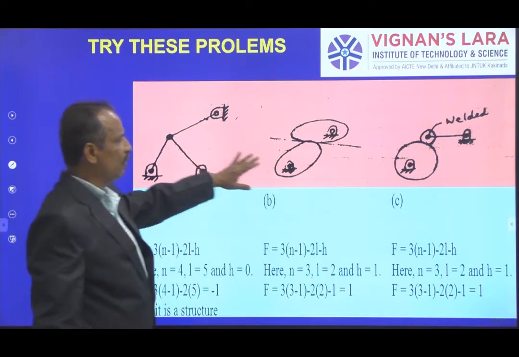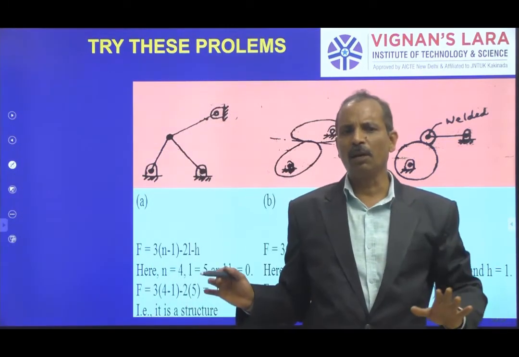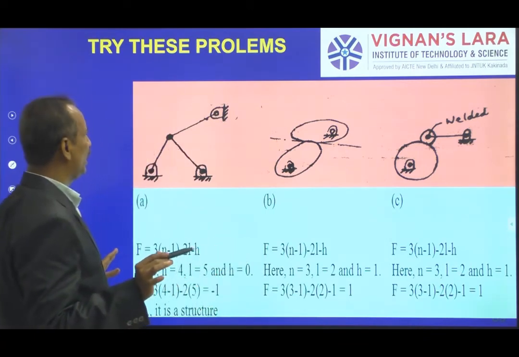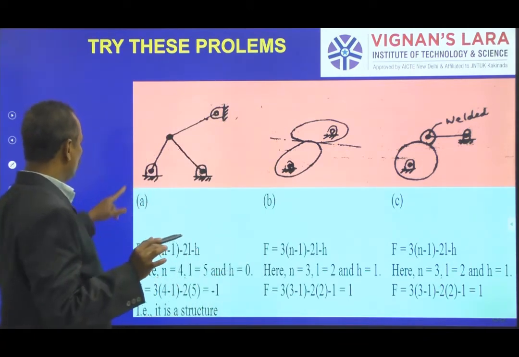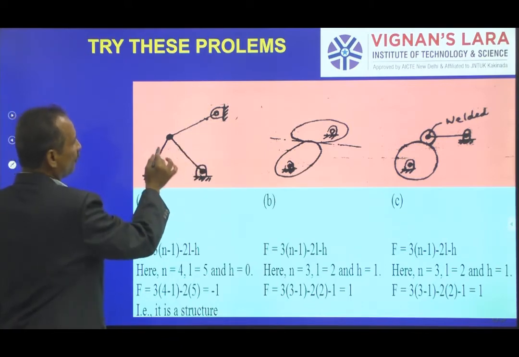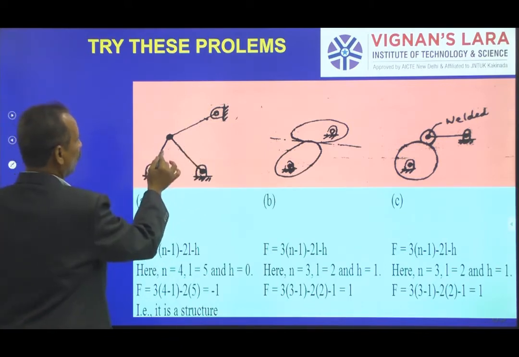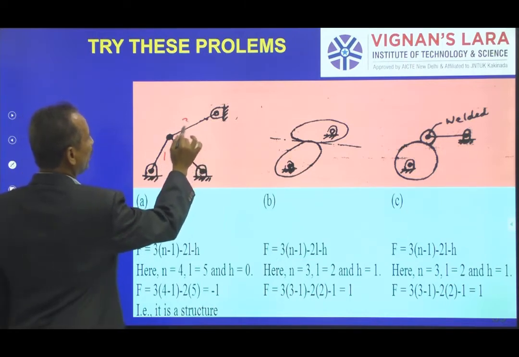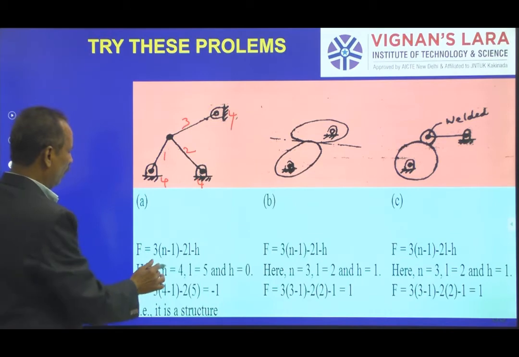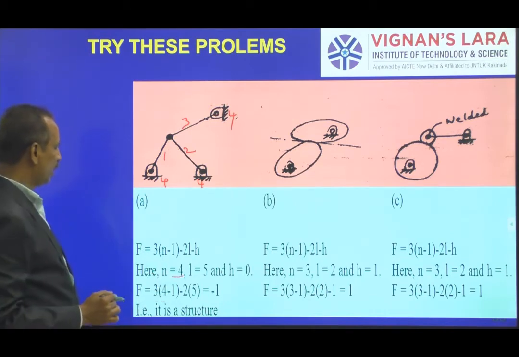Then here I have given typical problems with real life examples. You can see in the first case there are 4 links in total. 1, 2, 3, 4. Say the fixed link is 4. The number of links is 4.